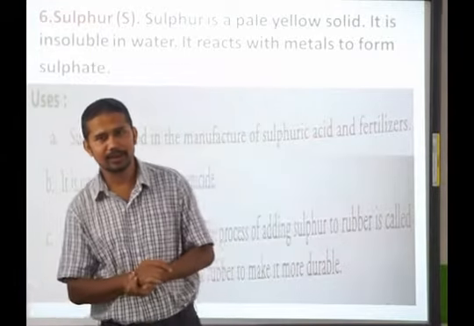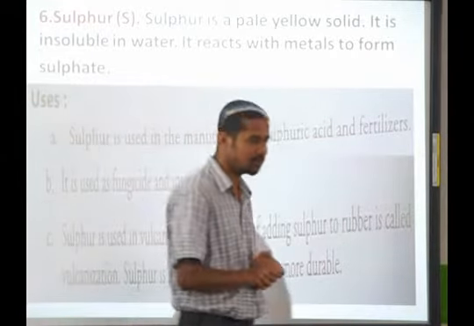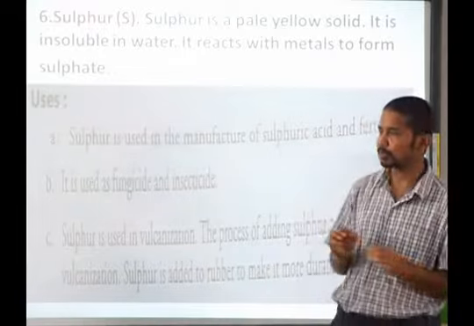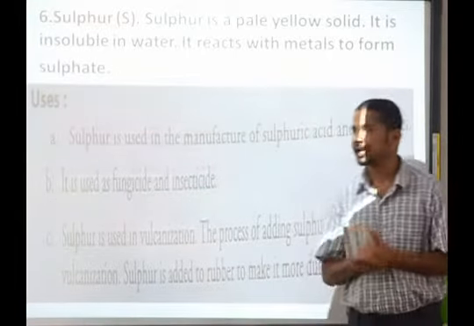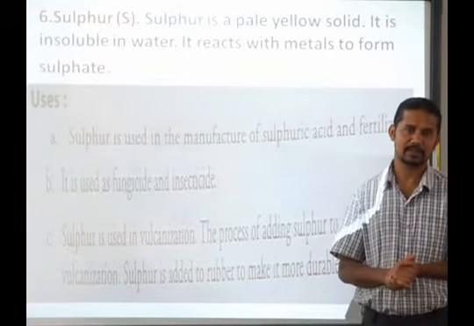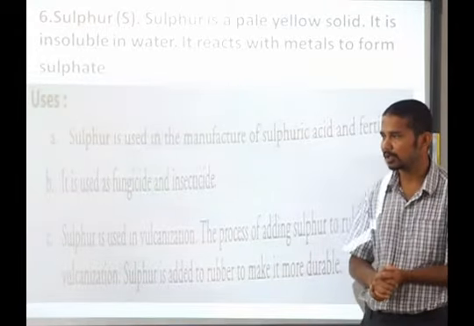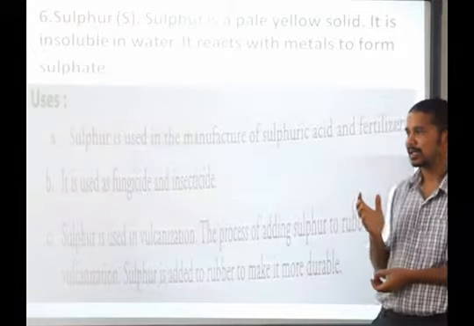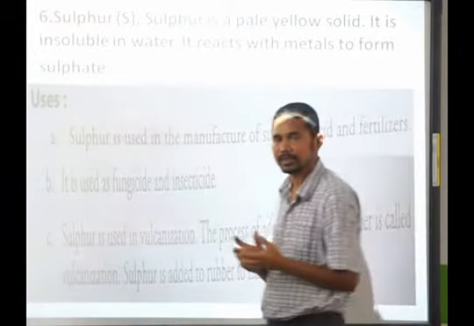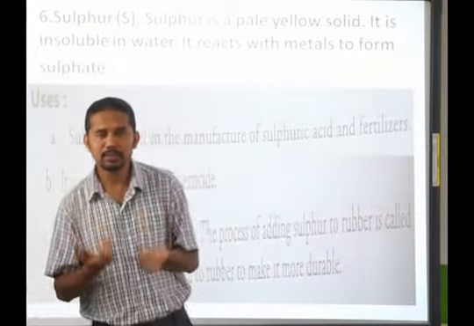Sulfur is used in vulcanization. What is vulcanization? Vulcanization is the process of adding sulfur to rubber. Why add sulfur to rubber? So that the rubber becomes more durable.